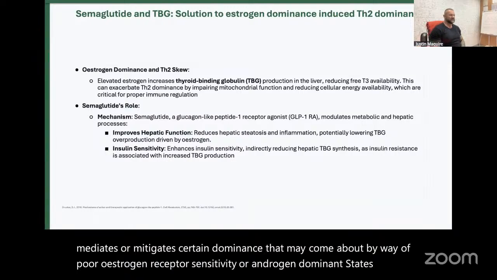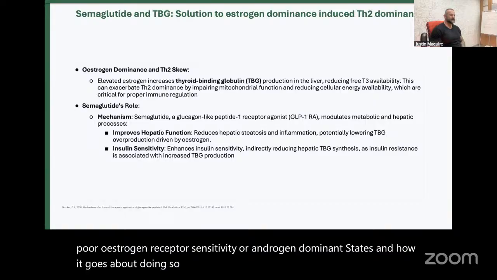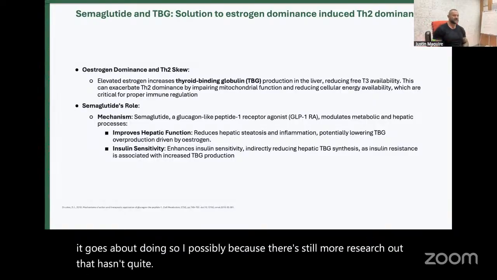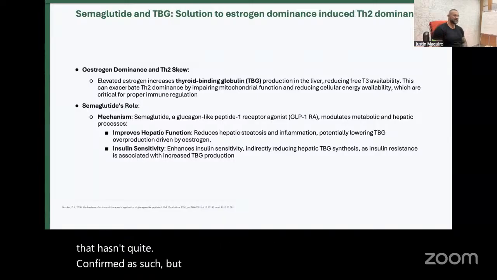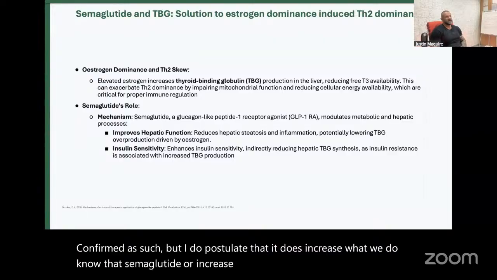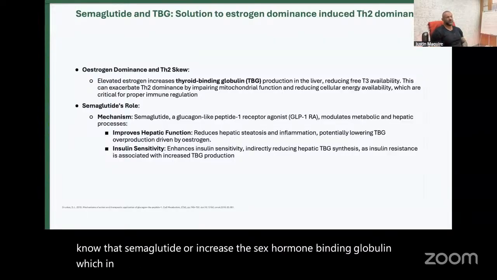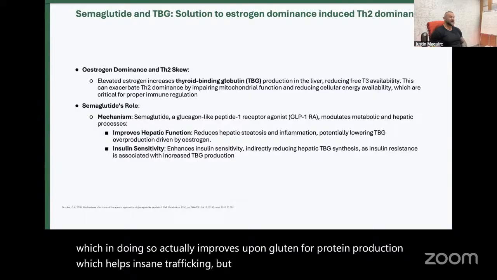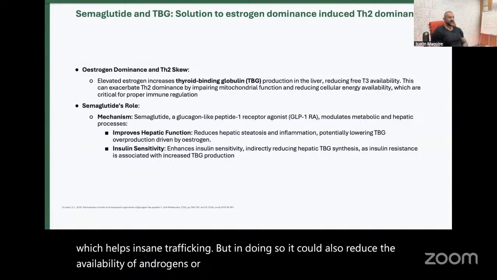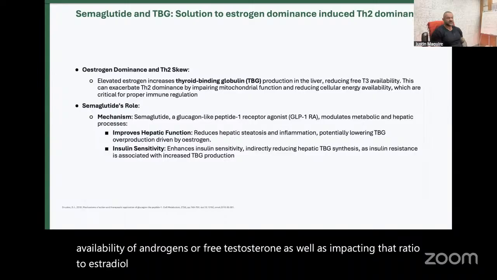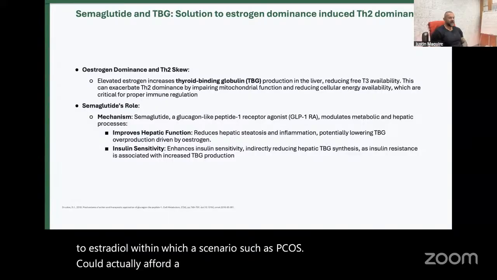And how it goes about doing so, I postulate, because there's still more research out there that hasn't quite confirmed it as such, but we do know that semaglutide increases sex hormone binding globulin, which in doing so actually improves upon GLUT4 protein production, which helps insulin trafficking. But in doing so, it can also reduce the availability of androgens or free testosterone, as well as impacting that ratio to estradiol, within which a scenario such as PCOS could actually afford a more balanced endocrine metabolomic situation.